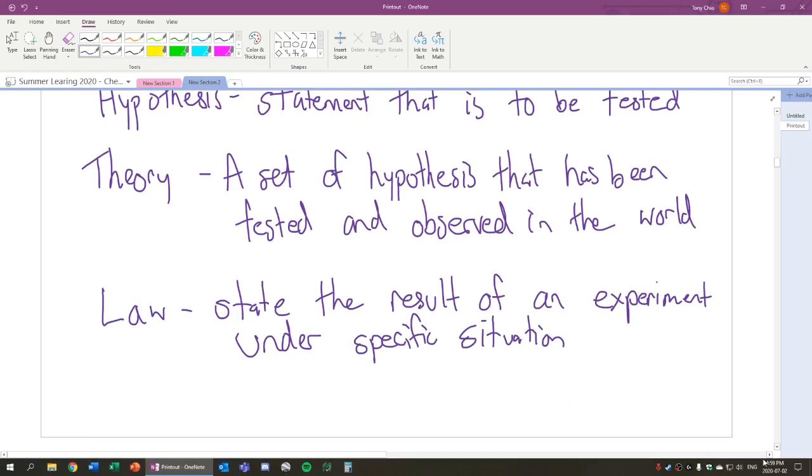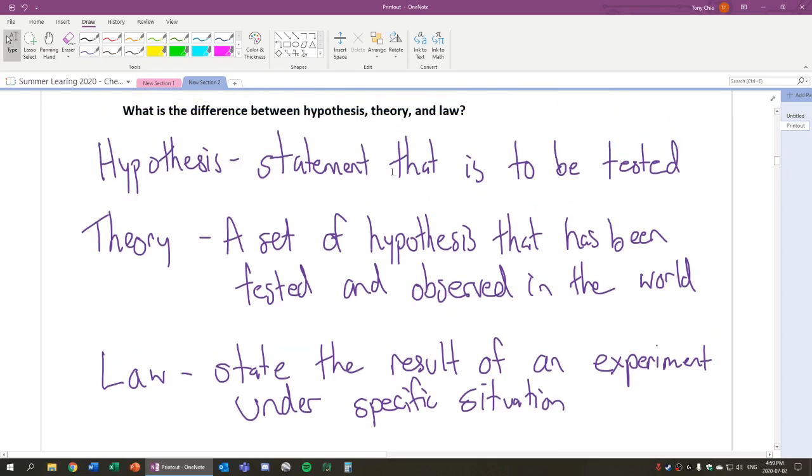A lot of laws come with formulas, such as Boyle's law, which relates pressure and volume. So a hypothesis is just a statement that is to be tested. A theory is a set of hypotheses that has been tested and observed in the world. And a law states the result of an experiment under specific situations.